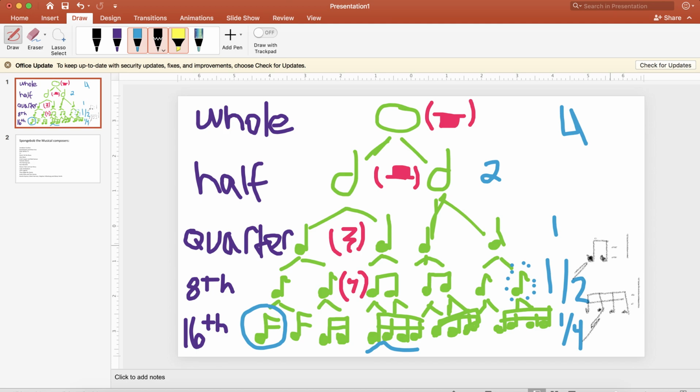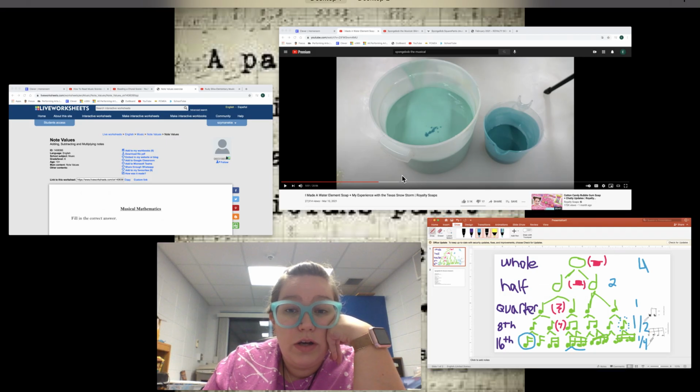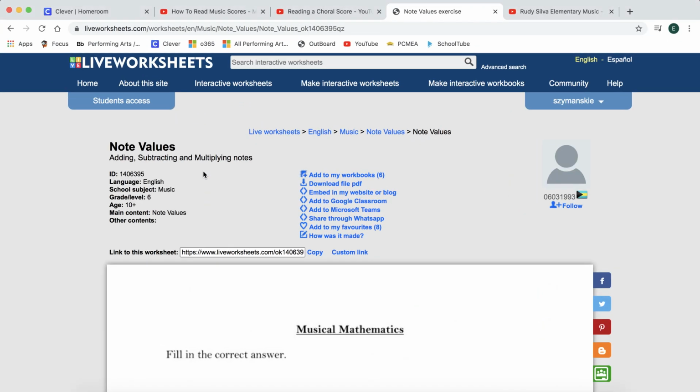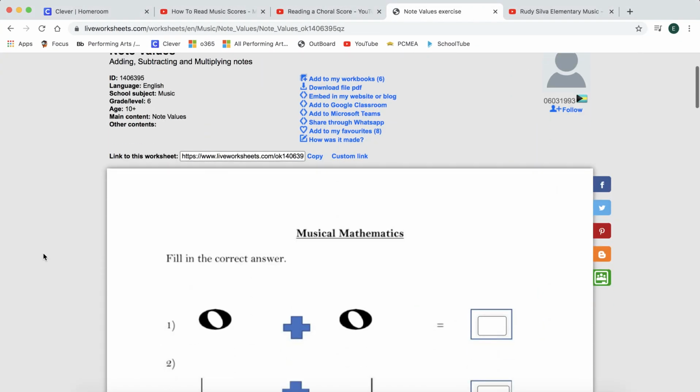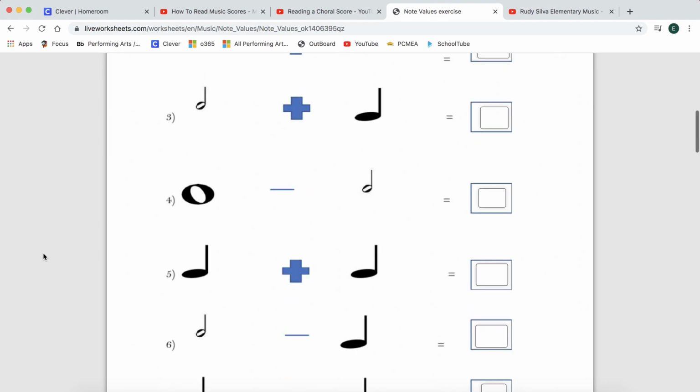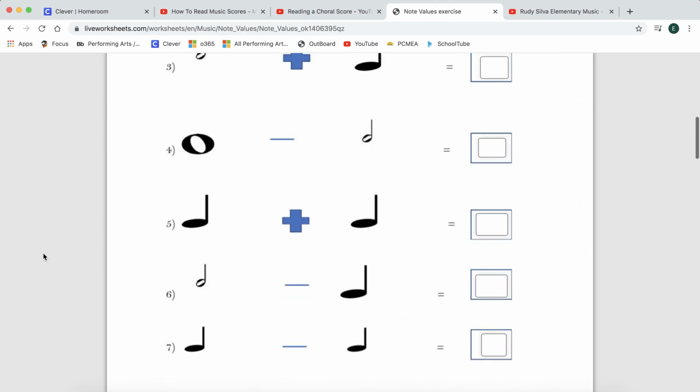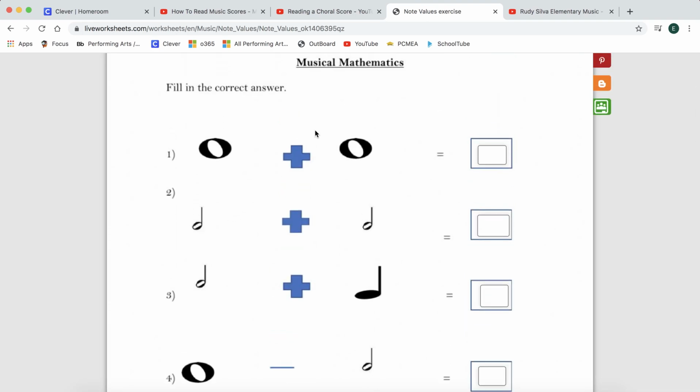Your assignment today is a worksheet on a live worksheets website. So it's going to look, hello, there's my face, like this. It's musical math. You've got 10 questions. Make sure you're looking at the operation. So a whole note plus a whole note, and then you're going to type your answer.